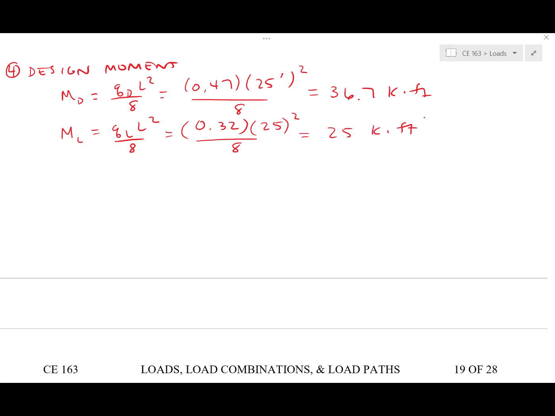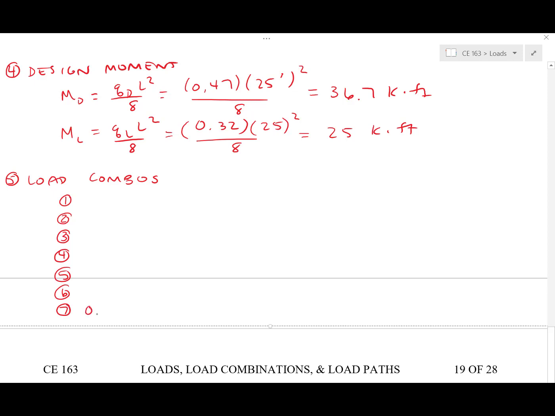Alright, so we've got the moments. Our last step is to do the load combinations. Alright, if we look at all of our load combinations, you can write them all out. Alright, these are 0.9 D. We have no wind and seismic, so these are going to be smaller than equation 1 always.